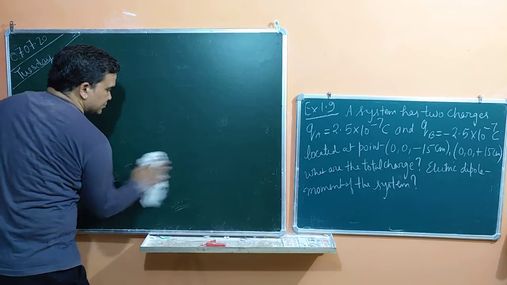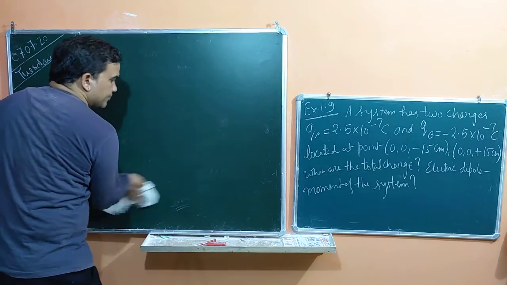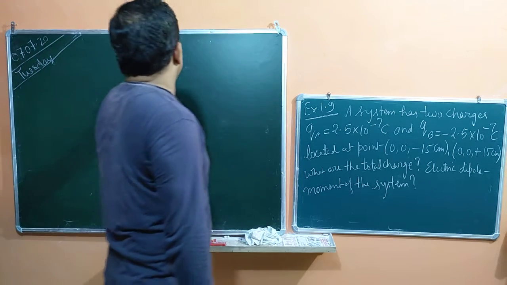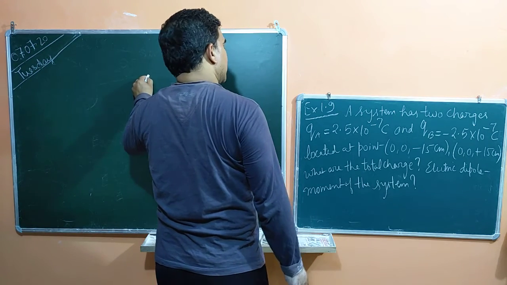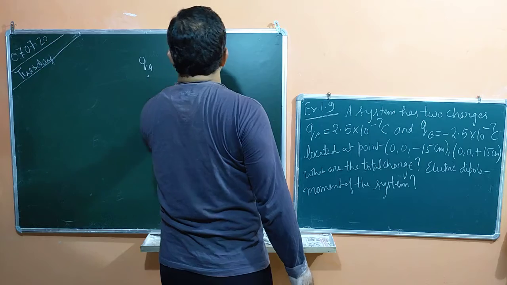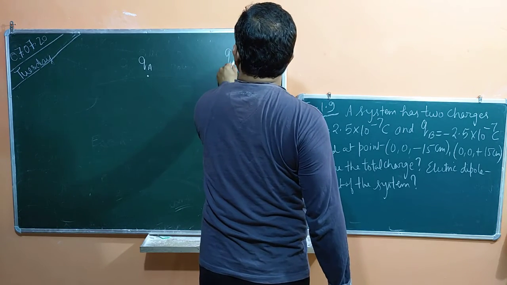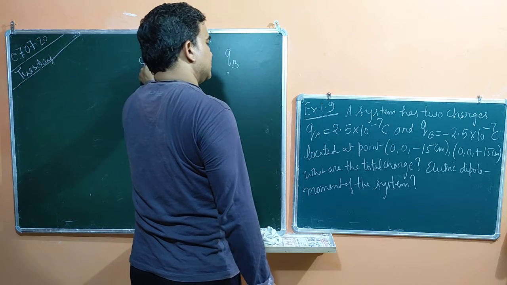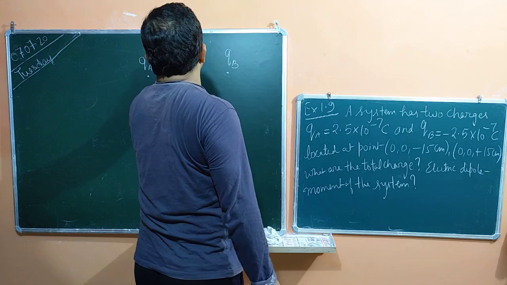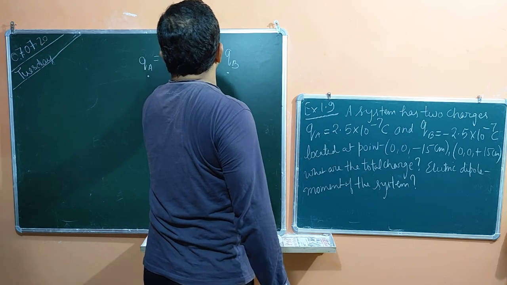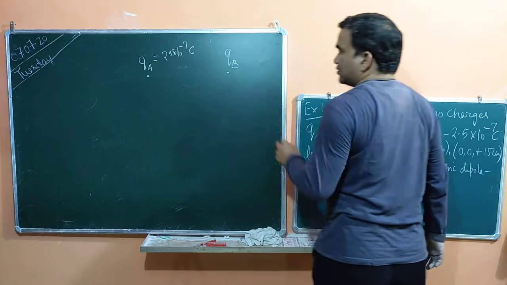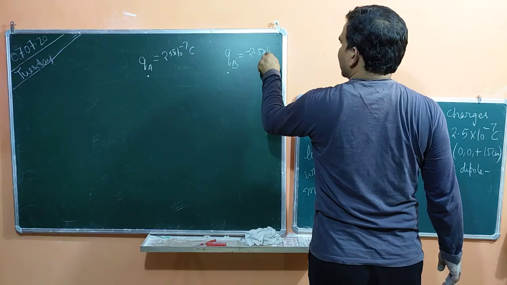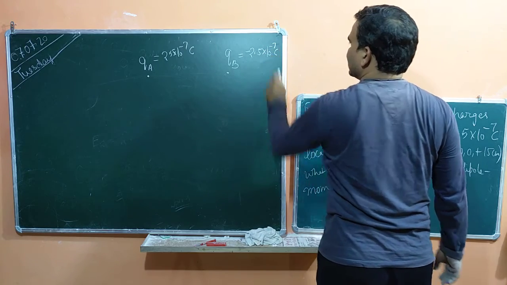Two charges, their magnitude have been given and the distance between these two charged particles is also given. QA and QB: it is 2.5 × 10^-7 coulomb, and this one is -2.5 × 10^-7 coulomb.